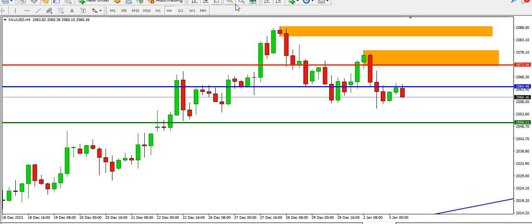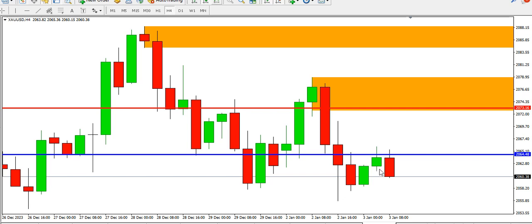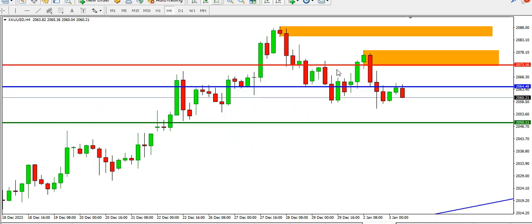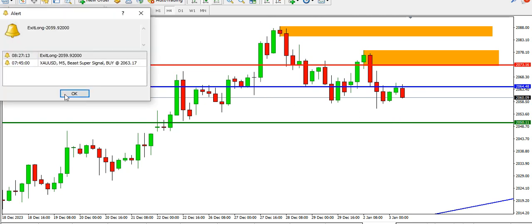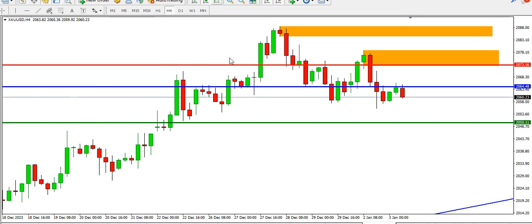Price has already broken the low of the last bullish candle, so we might see price dropping to our daily pivot support. But if you look at what we currently have on the screen, we can see a left shoulder around here.